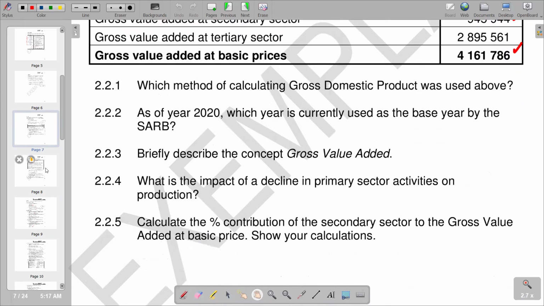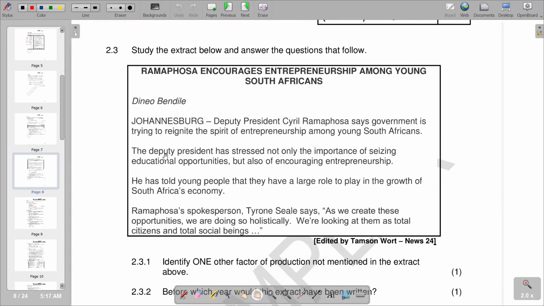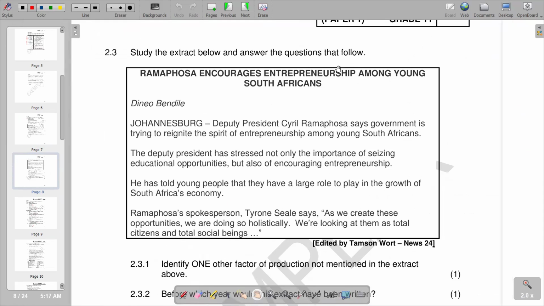We'll now move on to the next page where we've got our 2.3, which is study the extract below and answer the questions that follow. So we are given Ramaphosa encourages entrepreneurship among young South Africans. Then we've got the contents of the extract whereby it says Deputy President Cyril Ramaphosa says government is trying to reignite the spirit of entrepreneurship among young South Africans.